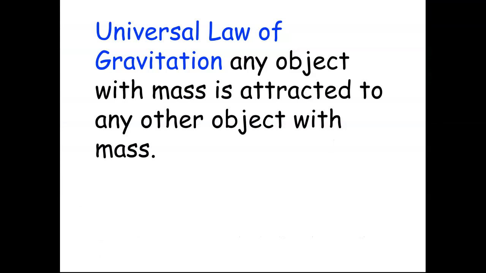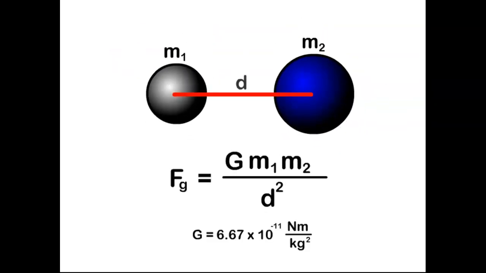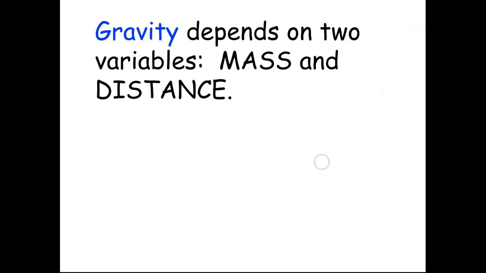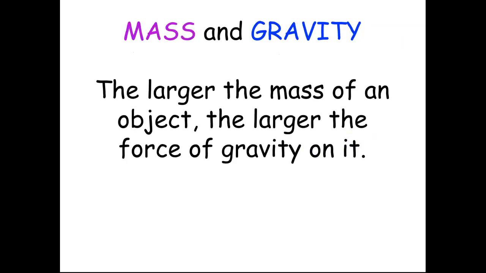So the universal law of gravity: any object with mass is attracted to any other object with mass. Some things that affect gravity are distance and the mass of the two objects. So you have this slide here that breaks down the equation for universal gravity. So it depends on two things, mass and distance. The more mass an object has, the larger gravity it has.